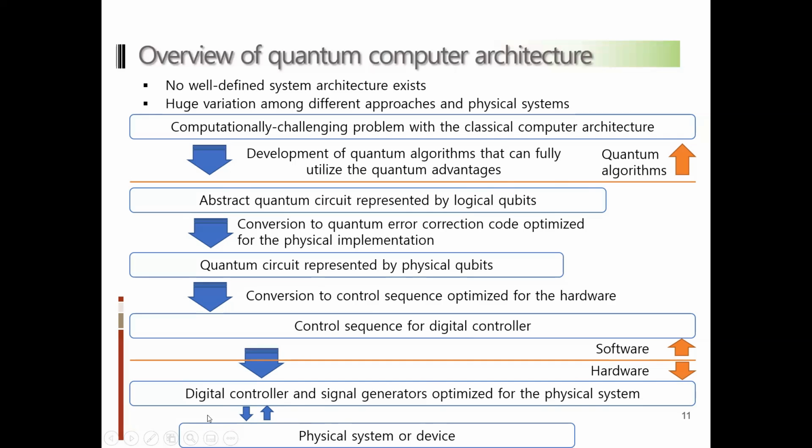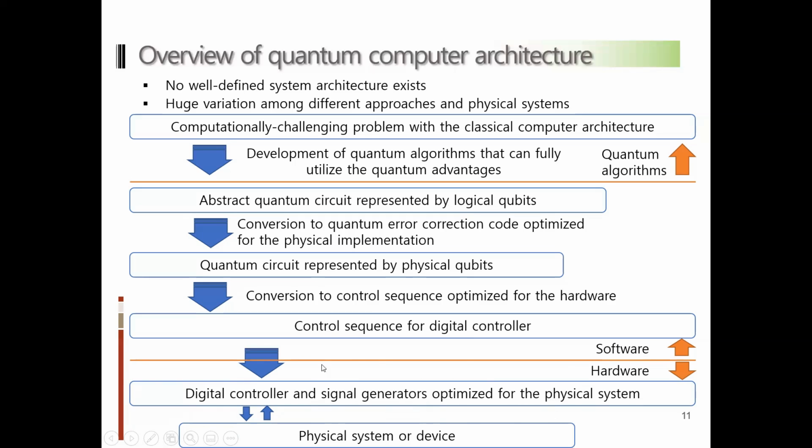And then this is the hardware level. Eventually what we have to do is control the physical system or physical device, and to control these systems carefully and accurately, you need to depend on the digital controller, and we also need a lot of signal generators for each of the physical systems.